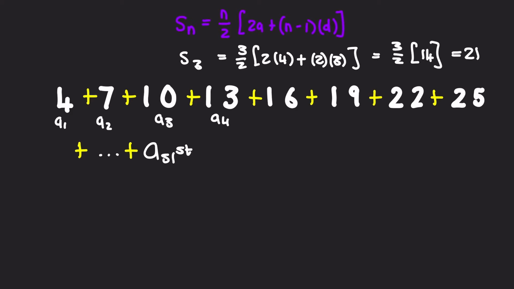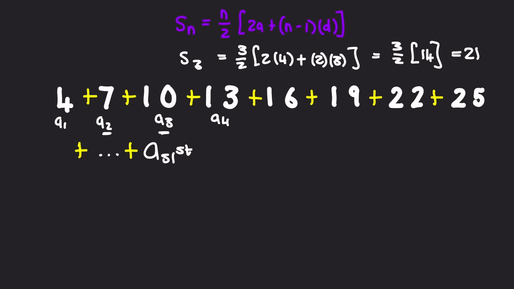And we can see, well, 10 our third term, plus 7 our second term, plus 4 would actually just give us 21. So the summation of these 3 terms is 21. And so we know this formula works.